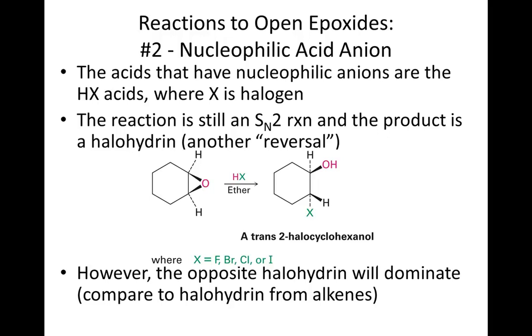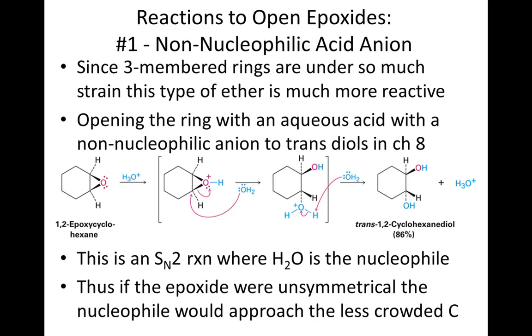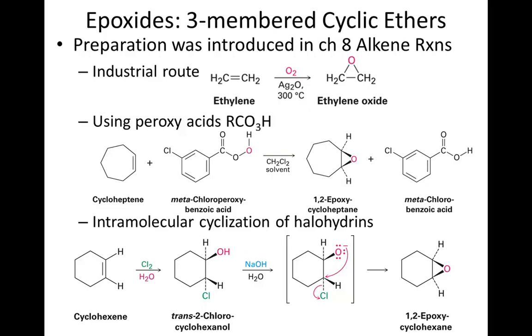Now what's interesting is that, remember I just said that the nucleophile is going to come to the less crowded carbon. And when we made halohydrins, if we had two different degrees of carbon here, the halogen would go to the less crowded carbon because it's the electrophile, it goes on first. And so we would have the halogen on the less crowded carbon.